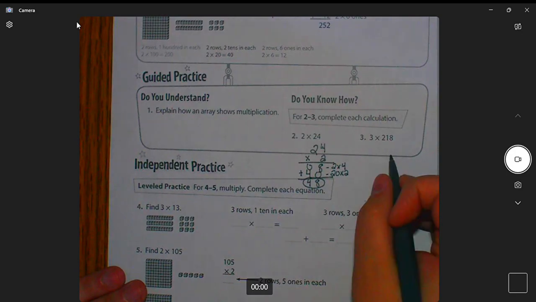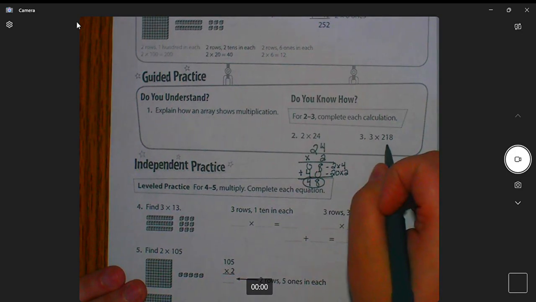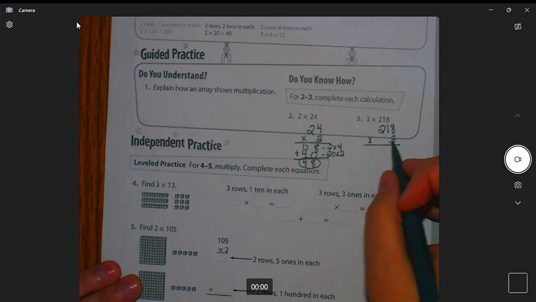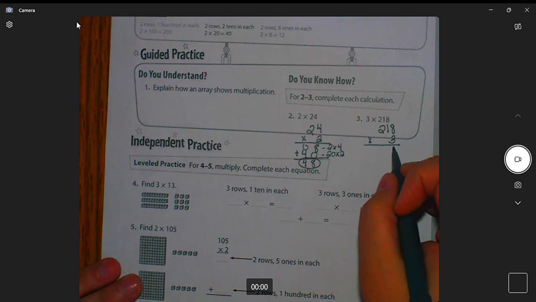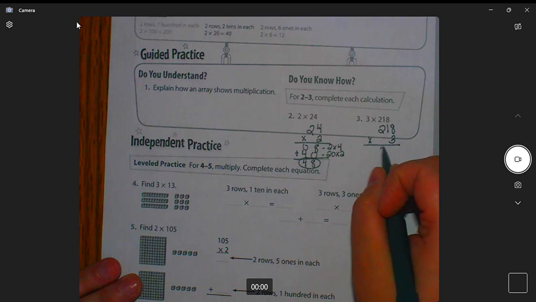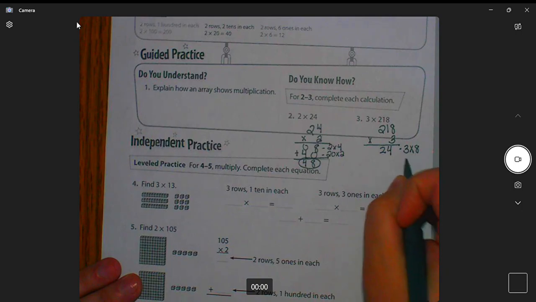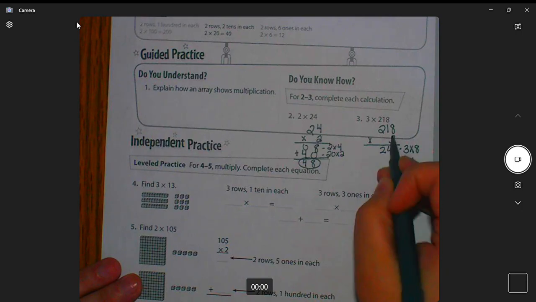Let's look at number 3. 218 times 3. And we're going to work it out the same way again with partial product. So, 3 times 8, right, it's 24. And that's just saying 3 times 8. Now, I have 3 times, what place is that?